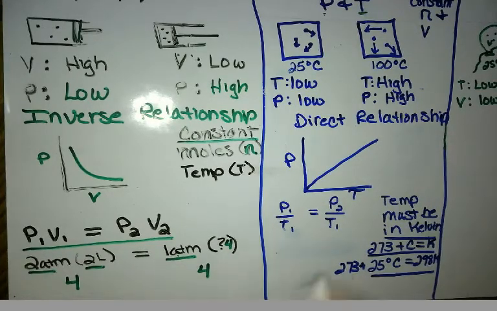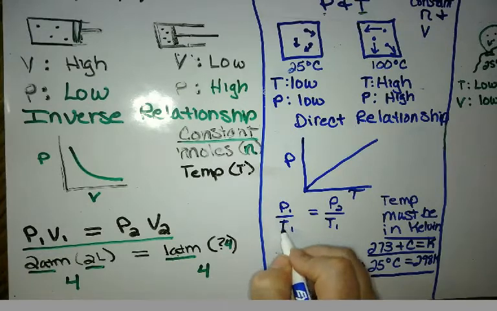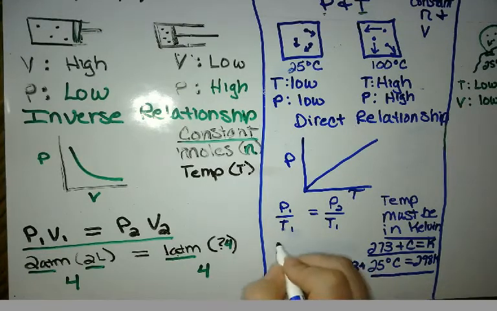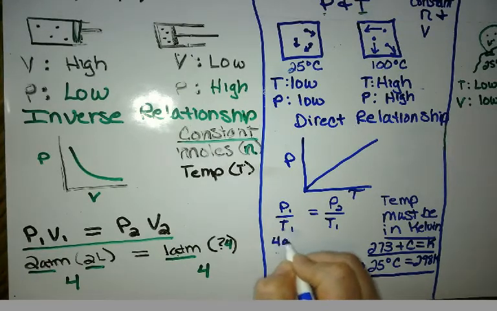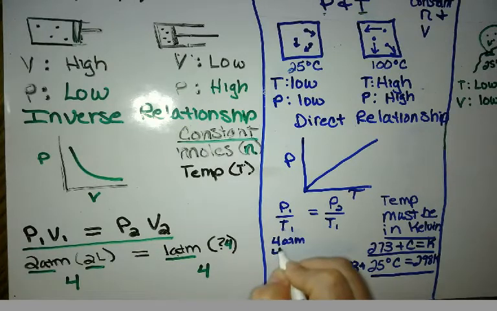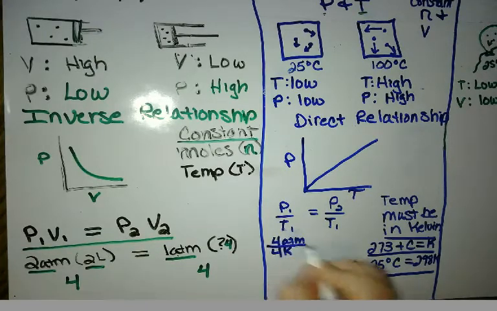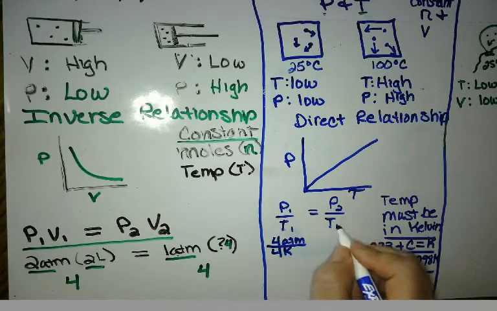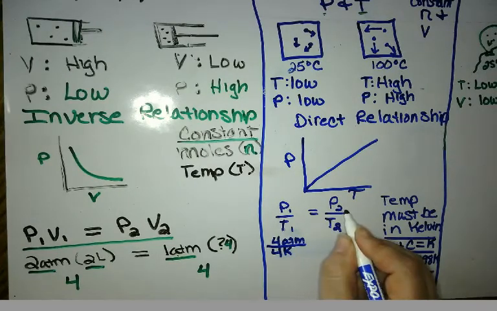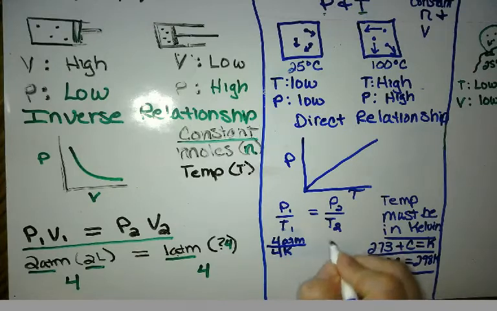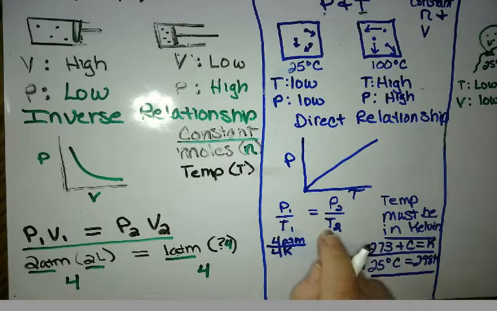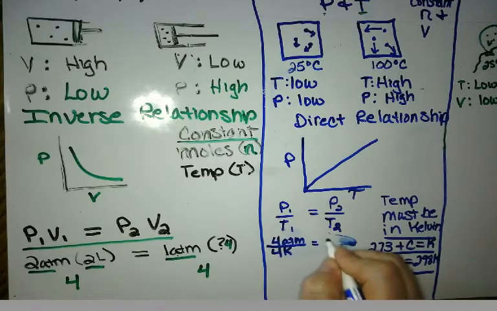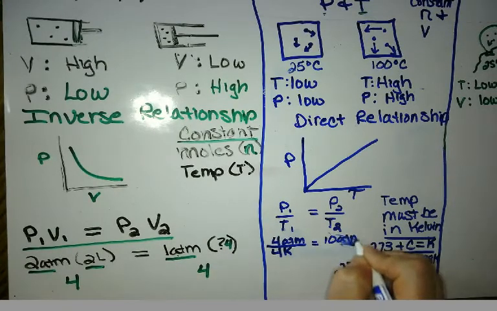Okay, so let's just look mathematically why this is a direct relationship. If my pressure is 4 atmospheres and it's at 4 Kelvin, okay, so pressure, temperature. If I change my pressure to a second condition, my pressure is now 10 atm.